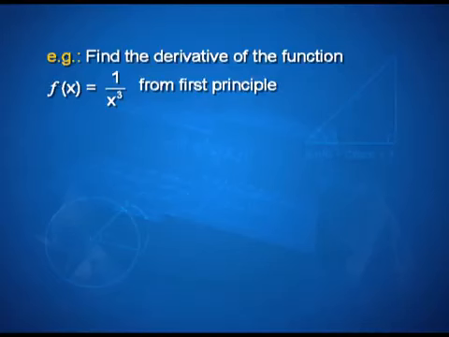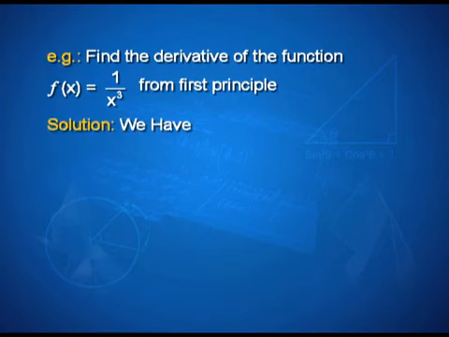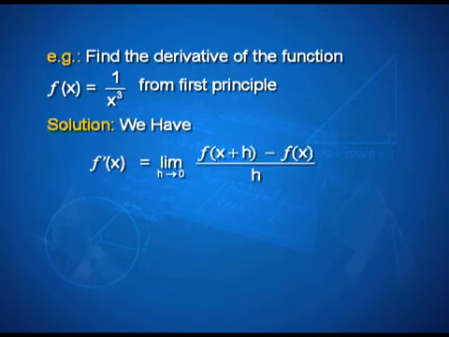Now, let us look into one more interesting example here. Find the derivative of the function f of x is equal to 1 upon x cube from first principle. For the solution, we have f dash x is equal to limit h tends to 0 f of x plus h minus f of x divided by h.